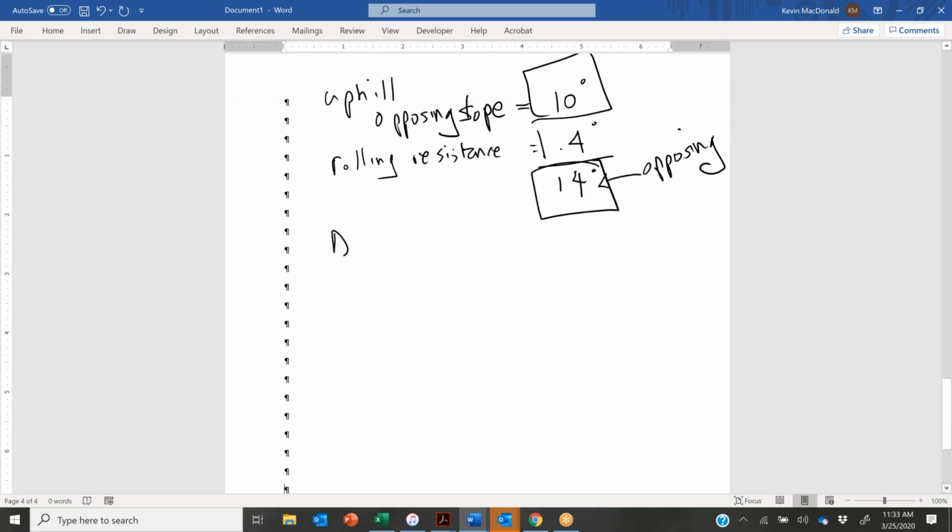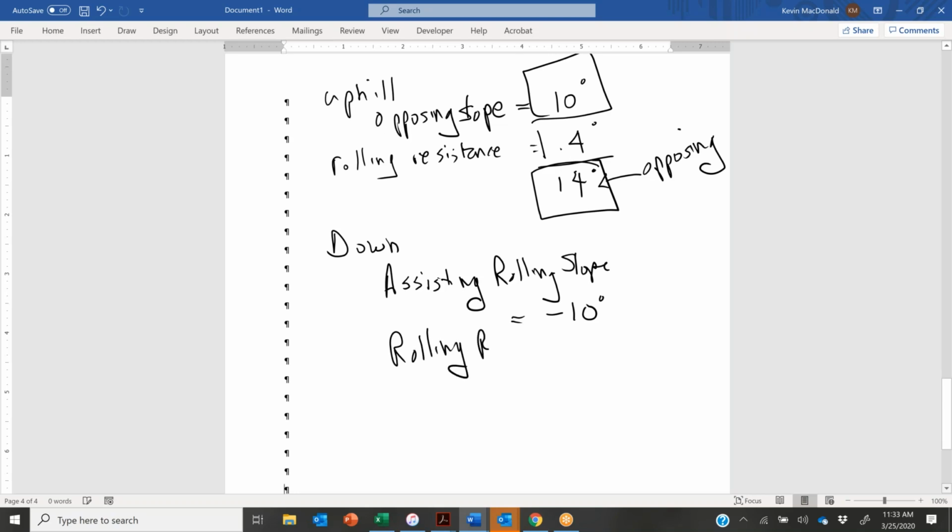If we go down the hill, then we have an assisting slope, right? Easier to roll downhill than it is uphill. And that slope is equal to minus 10 degrees. Our rolling resistance is still 4 degrees.